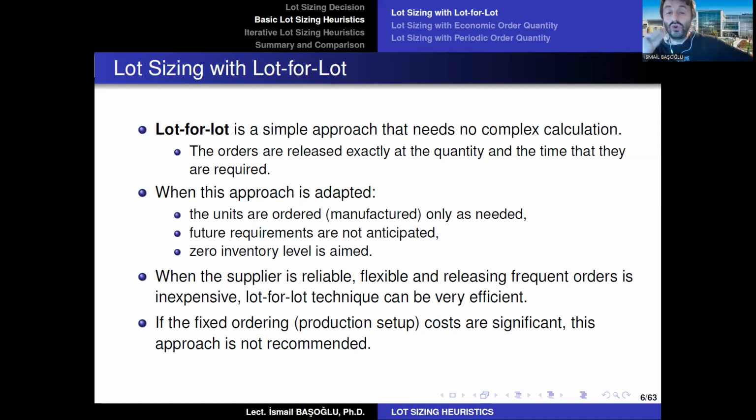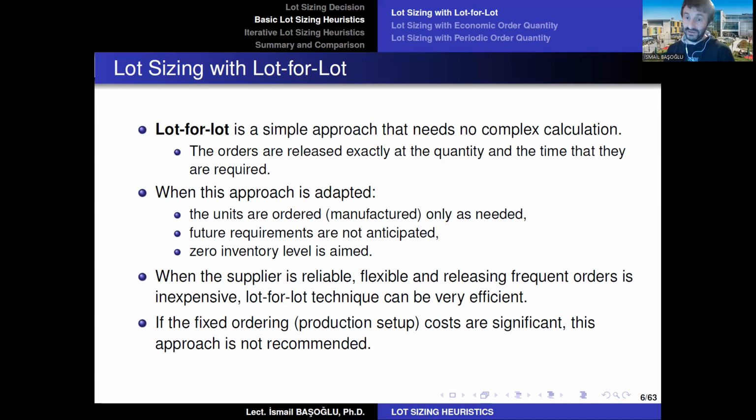Now, the load for load technique should be used if the supplier agrees on that, because that requires the flexibility of the suppliers. For different order sizes at different periods in the planning horizon, the supplier may not actually adapt such a dynamic ordering policy.